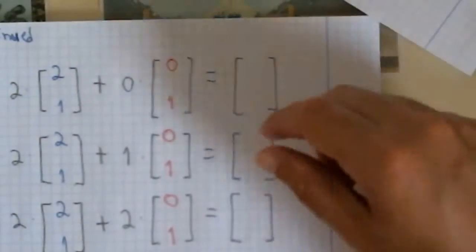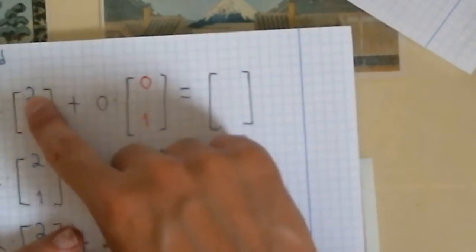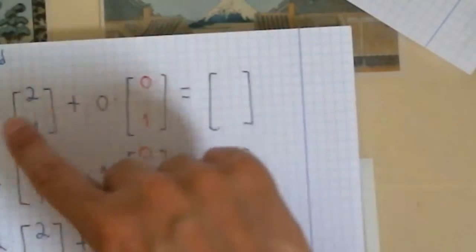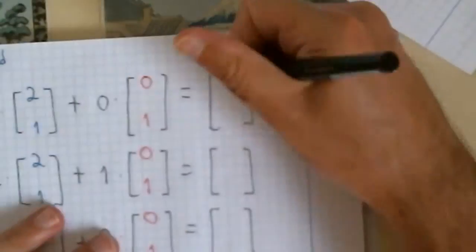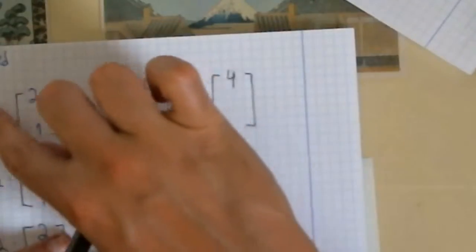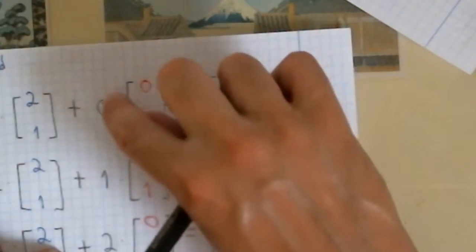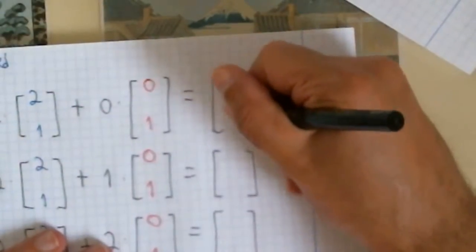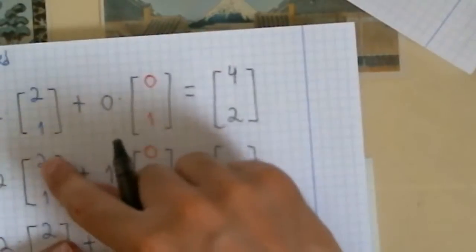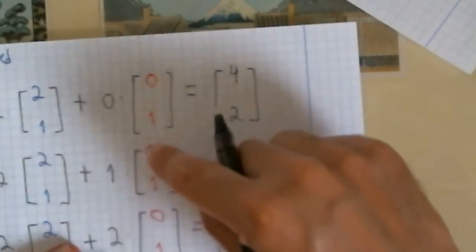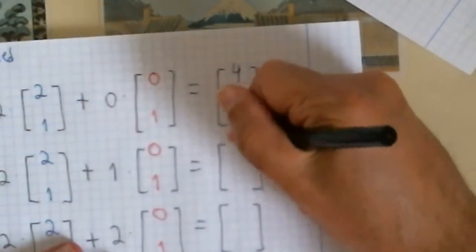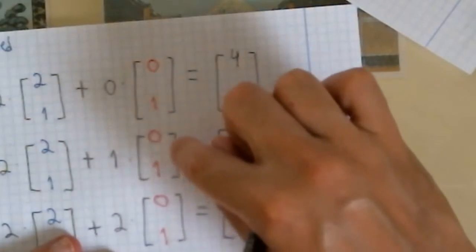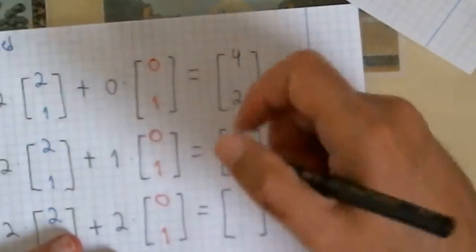And we have 2 times 2, 4, plus 0 times 0, it's 0. So 4 plus 0, it's 4. 2 times 1 is 2, plus 0 times 1 it's 0, so it's 2. 2 times 2 it's 4, plus 1 times 0 it's 0, so it's 4. 2 times 1 it's 2, plus 1 times 1 it's 1, so it's 3.